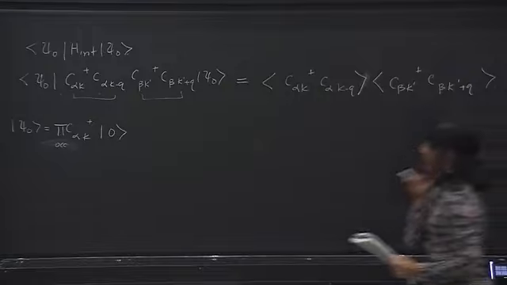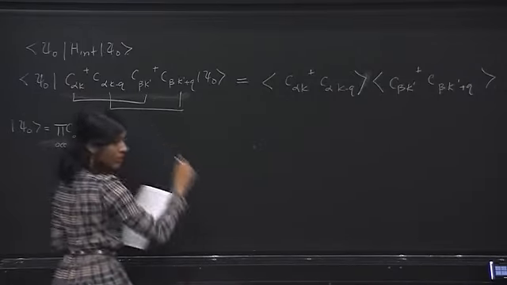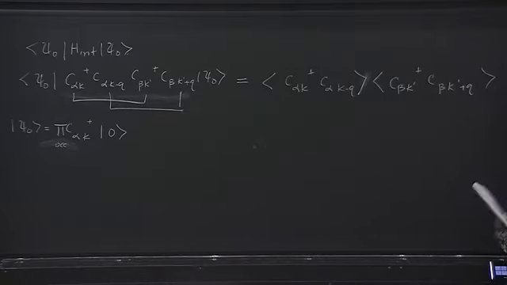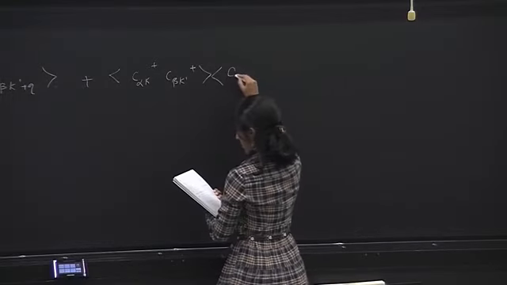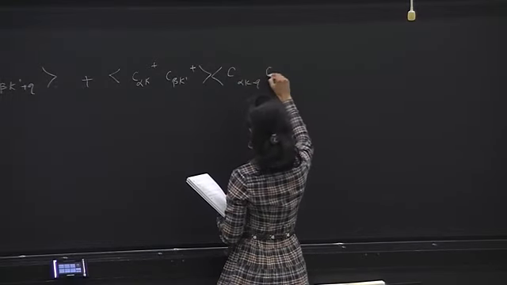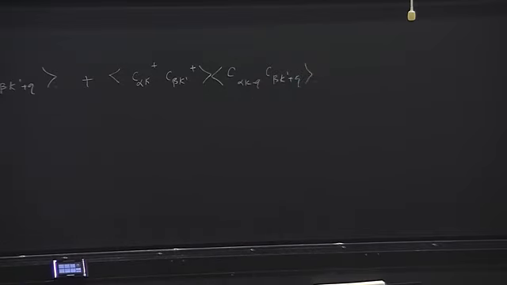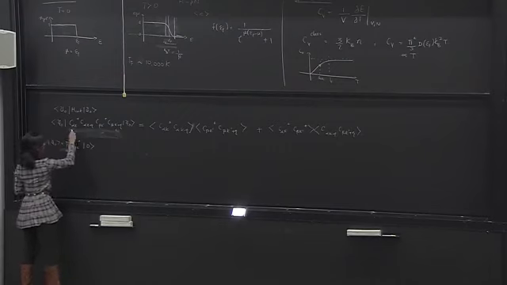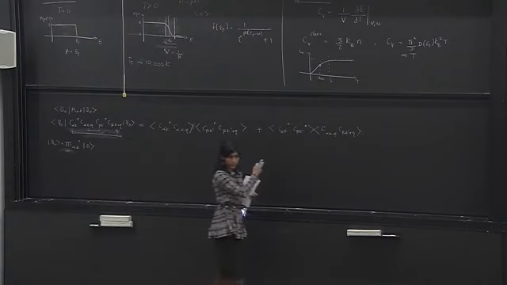The second term is with this pairing. And the last one is with the third pairing. So the way I've ordered the operators, I don't pick up a minus sign.